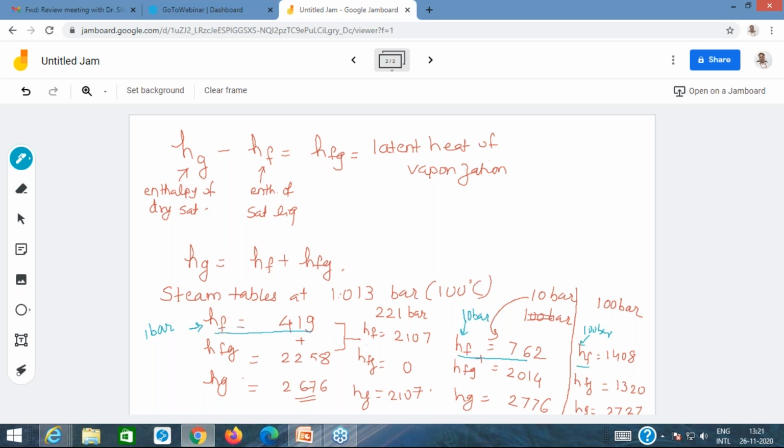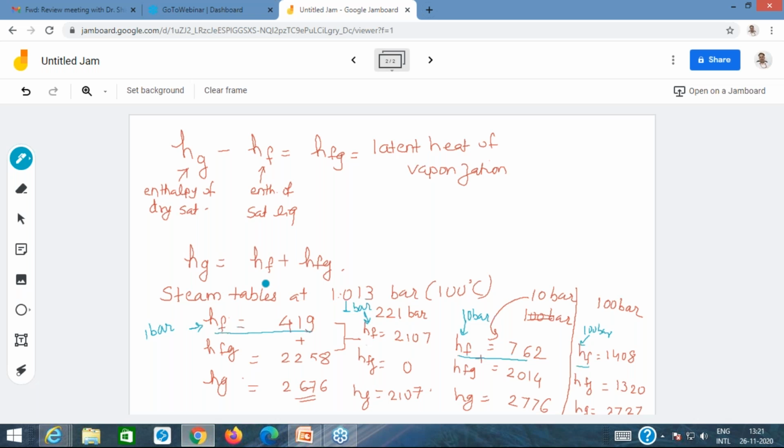And this is the Hf value at 221 bar. So what do you feel? What do you say regarding the Hf value? As you go on increasing the pressure, what happens to the Hf value? Obviously, as you go on increasing the pressure, the enthalpy also increases.